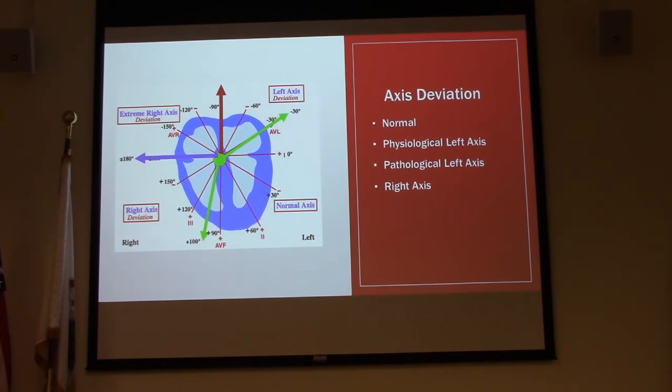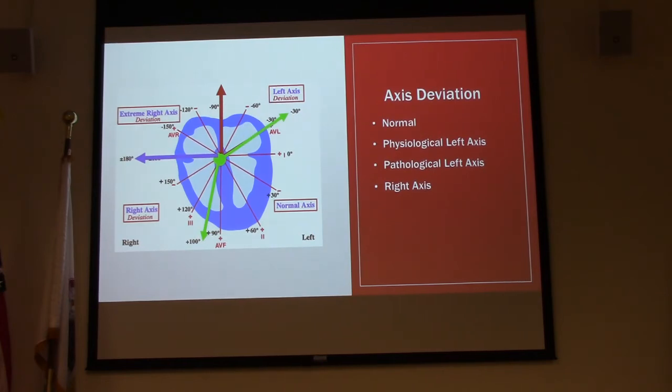Those are types of things that, if the electrical activity comes down and goes off in this direction, we might have some type of respiratory ailment. Now, it's very common for children to have right axis deviation.